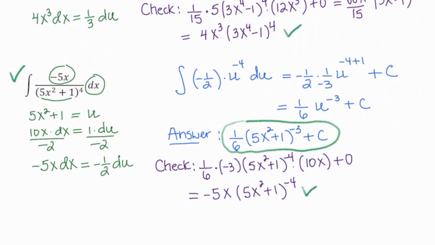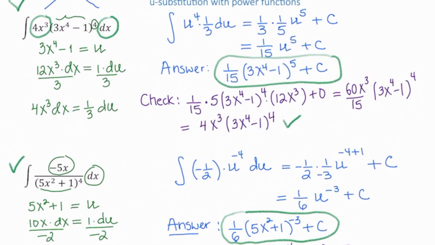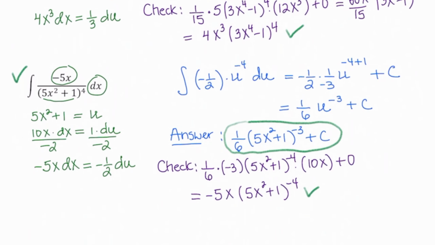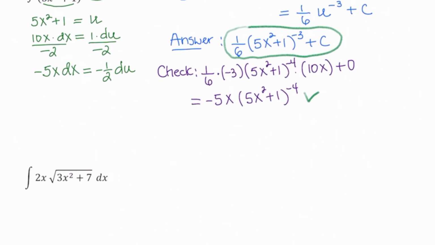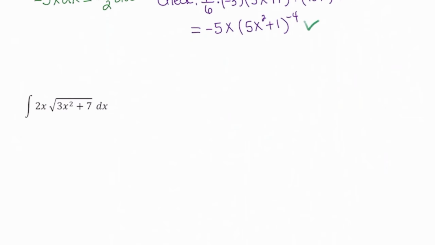Okay, so what have we done so far? We have a power that's a positive integer, a power that's a negative integer. Let's do one more example, and here we get a power that's a fraction. It does not need to be a whole number. All right, so let's see what we got here.